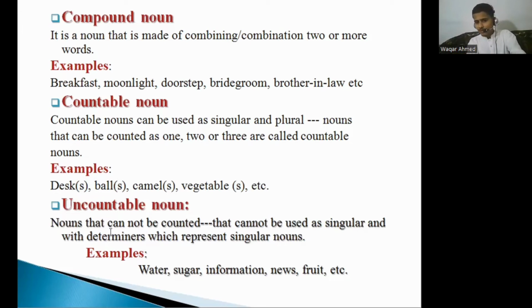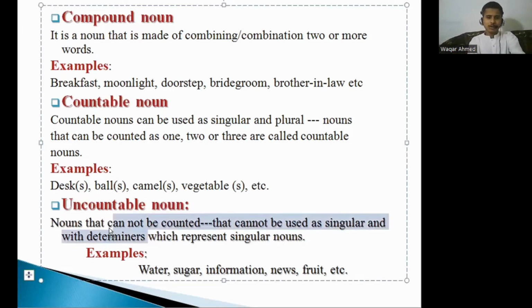And I've even defined what uncountable nouns, or non-count nouns, are. Examples of non-count nouns are water, sugar, information, news, fruit, etc. Now you might think, why can't we use the noun fruit as plural with the letter S? Fruits.